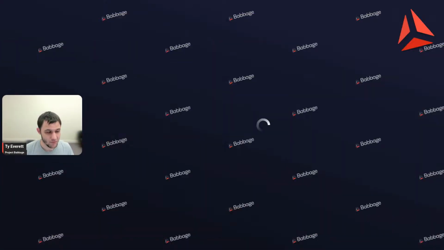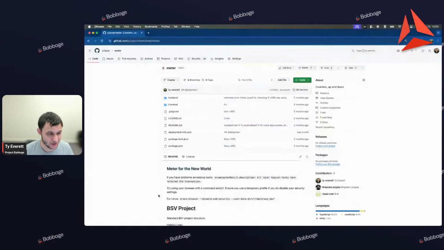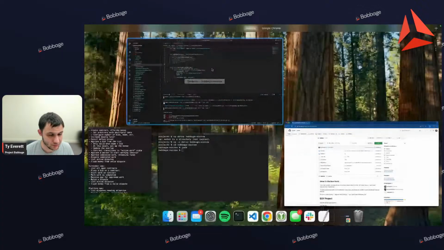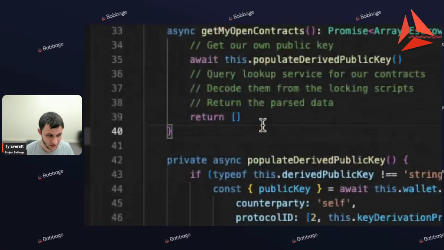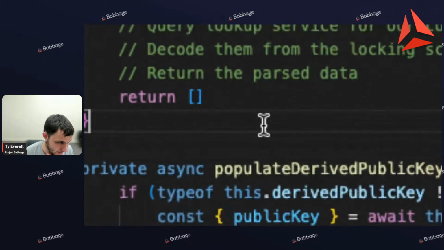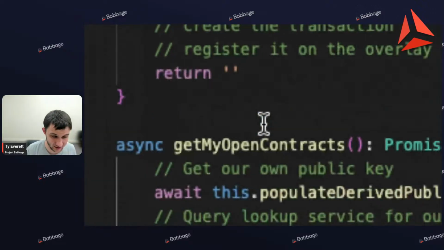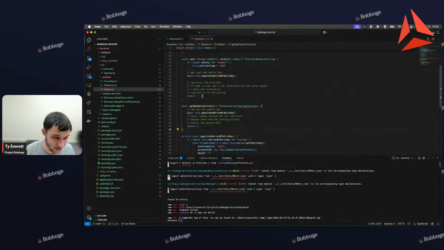We can get back to this stuff. I think we have the ability to do this now for these two functions.